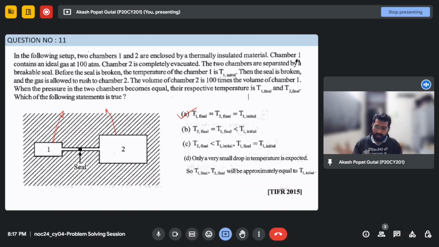According to the first law, as your system is totally isolated, there is no heat transfer from any side. Because of that, when free expansion happens, your internal energy stays constant, and there will be no temperature change even though the gas gets expanded to the second chamber. So that's the answer, right?